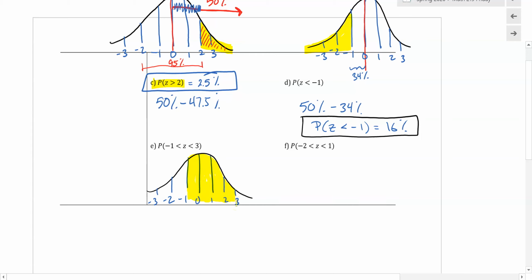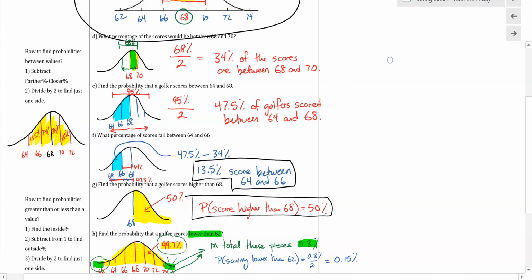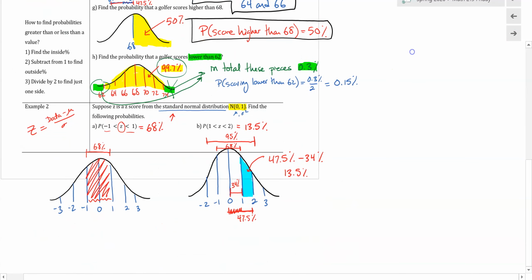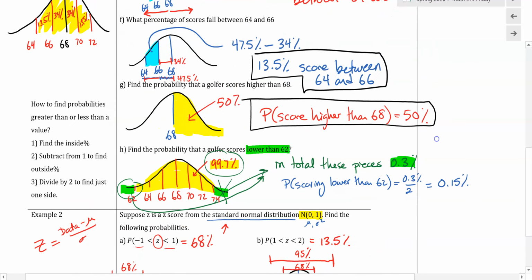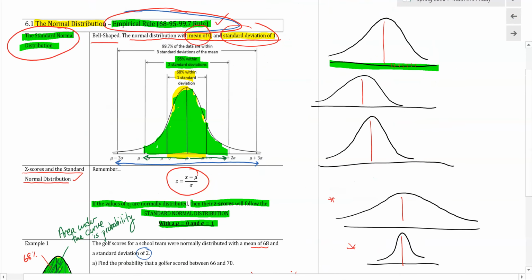We took a big jump here, kind of talking about the normal distribution and then just going right into standard normal distribution and z-scores. Again, what you really need to get out of this section, 6.1, is know how to work with the empirical rule.